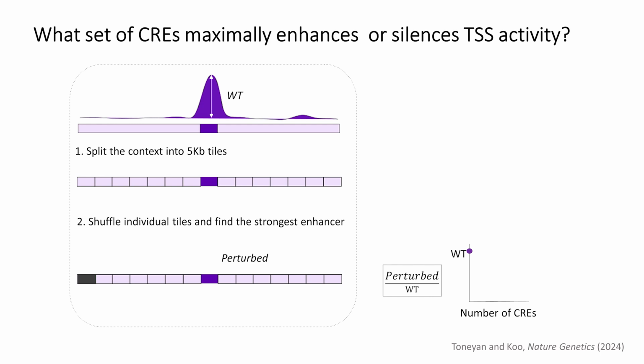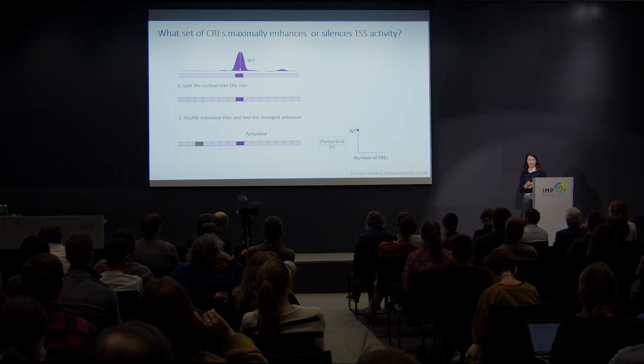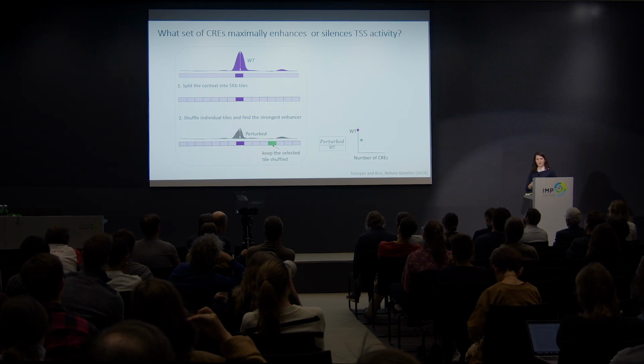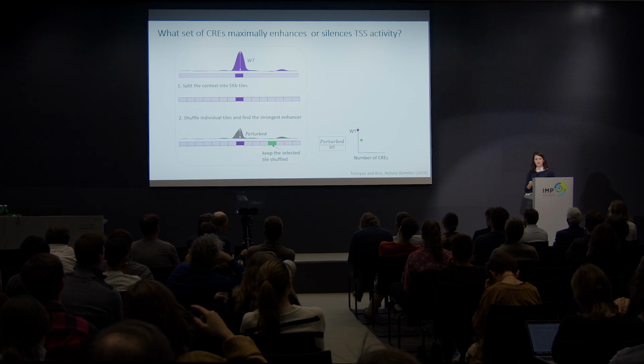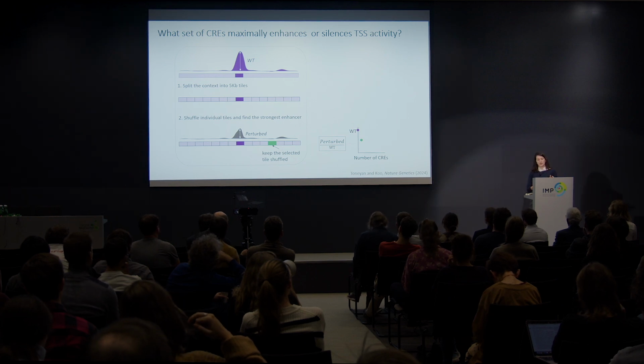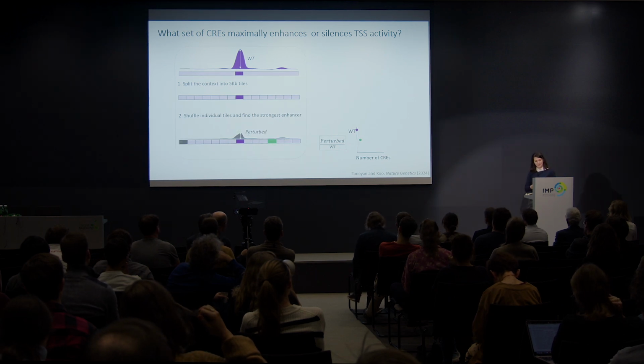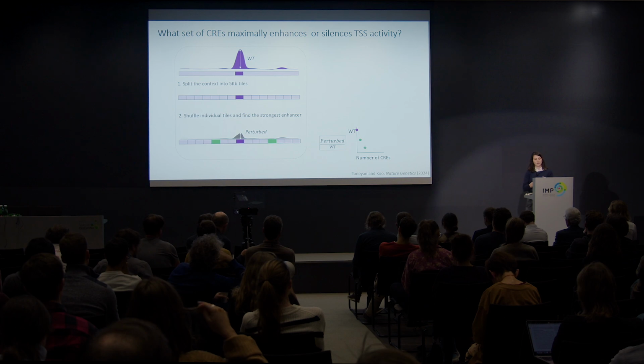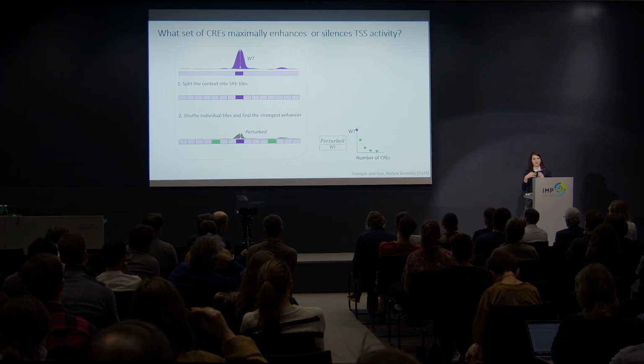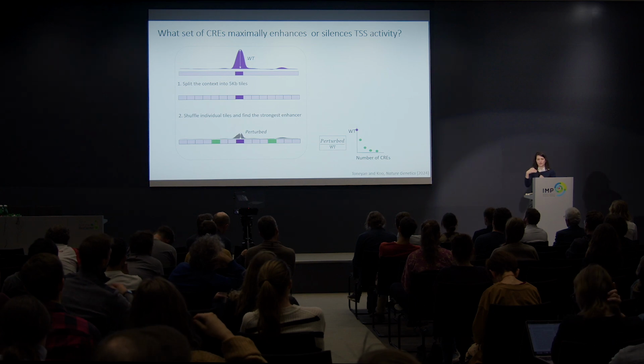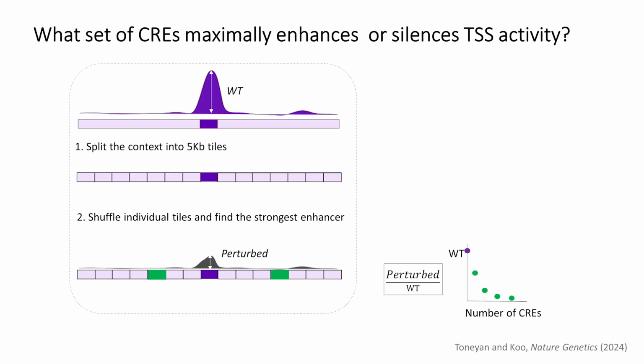We had a very similar setup to before, but now after we performed the first iteration of searching for an enhancing tile, we kept that one shuffled and then went on to do a second set of iterations where we had already removed the effect of that first enhancer, in order to understand if there are any redundant enhancers, for example, whose role was overshadowed by the stronger enhancer in the genetic context.